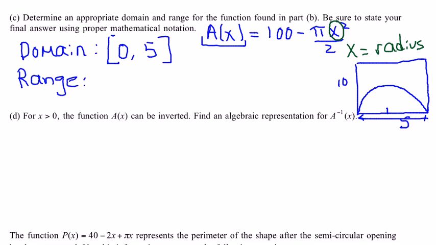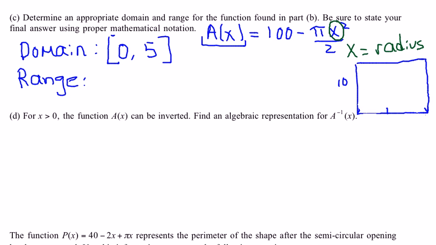Now, for the range, we are looking for the set of outputs that we could come up with in our problem. Since the output represents the amount of material left once we remove a semicircular piece, we have to think about these two cases again. I think both extremes are a good starting point. So if I don't remove any semicircular piece, that will be the case where I have a radius of 0, like we saw before.